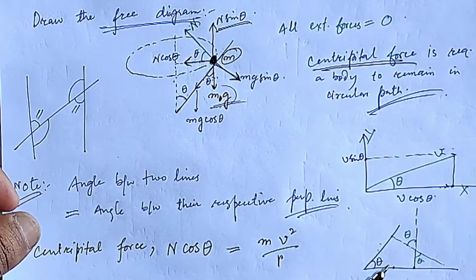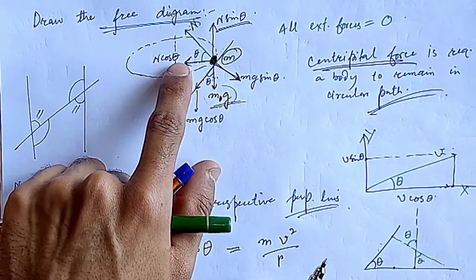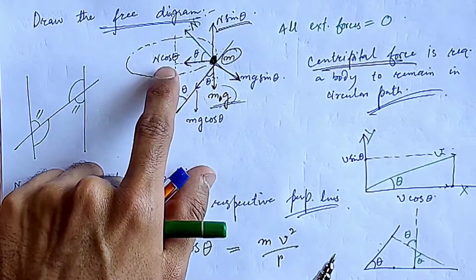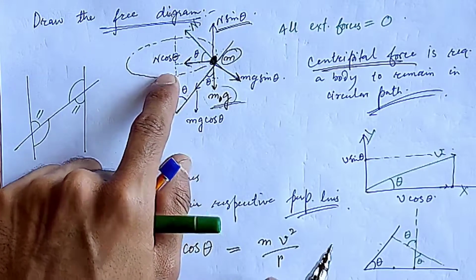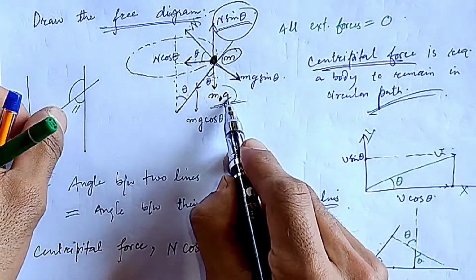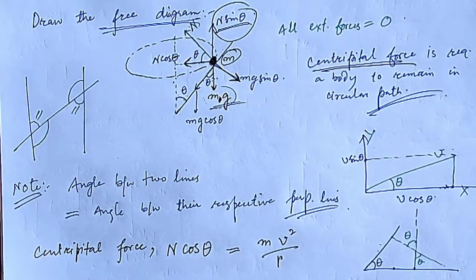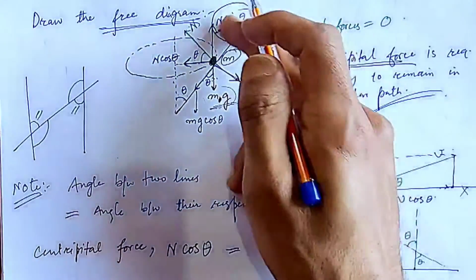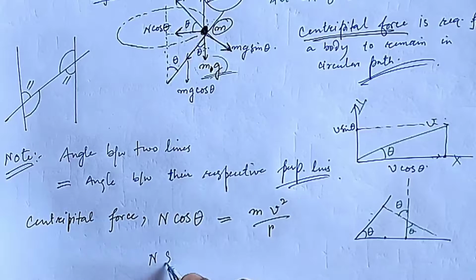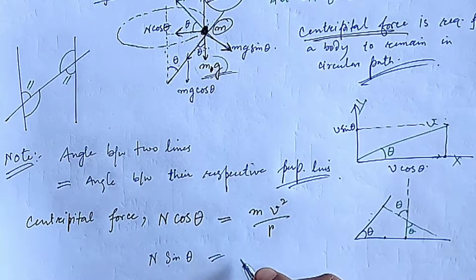This force, n cosine of theta, is not cancelled out by any other force. All other forces, this n sine of theta, is cancelled out by this mg. So we know that n sine of theta will be equal to mg.